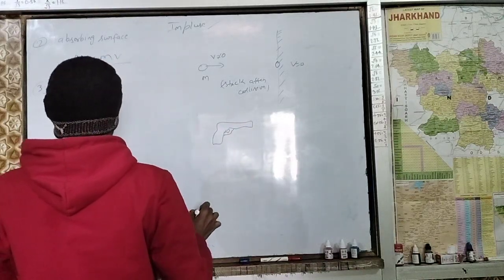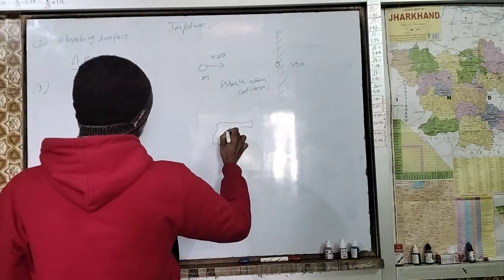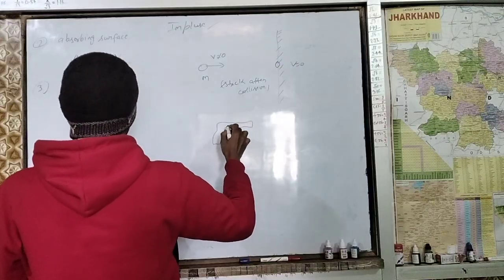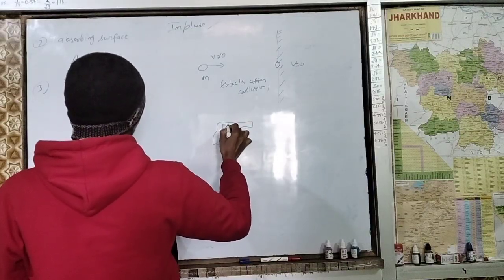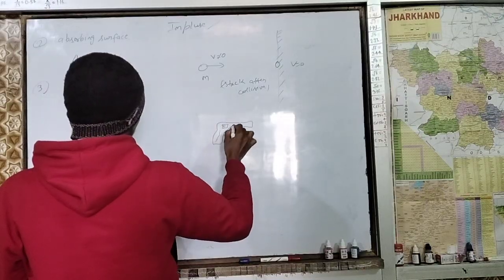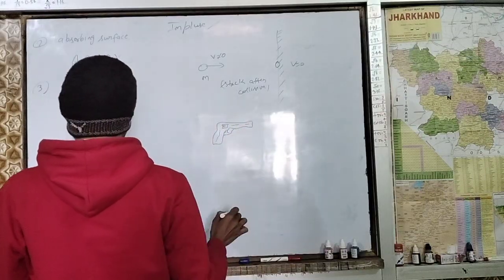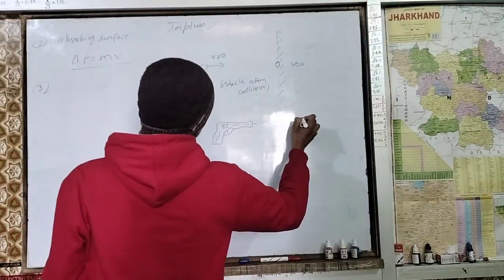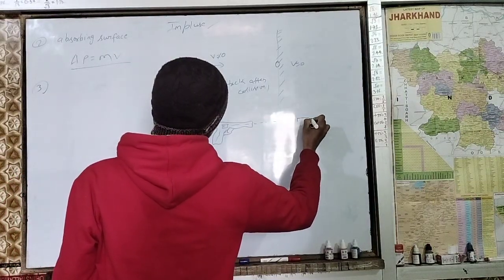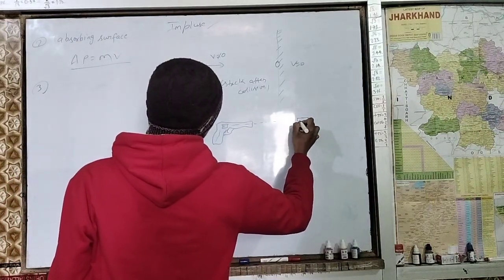This is a gun. The bullet will come out over here. This is our bullet.